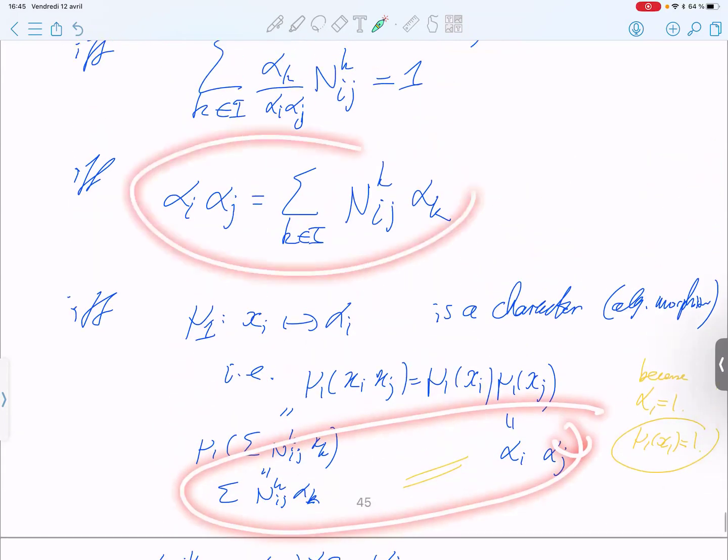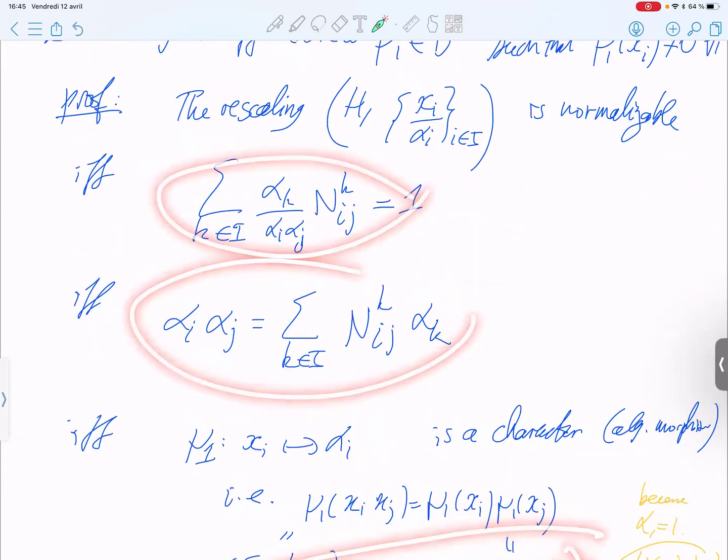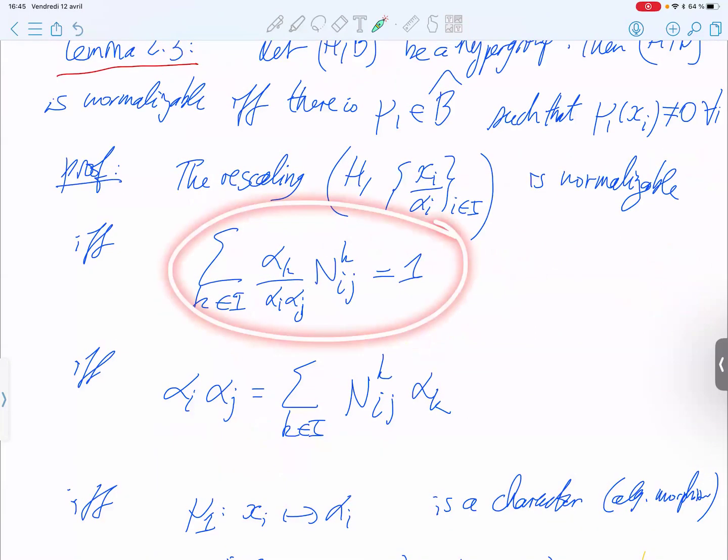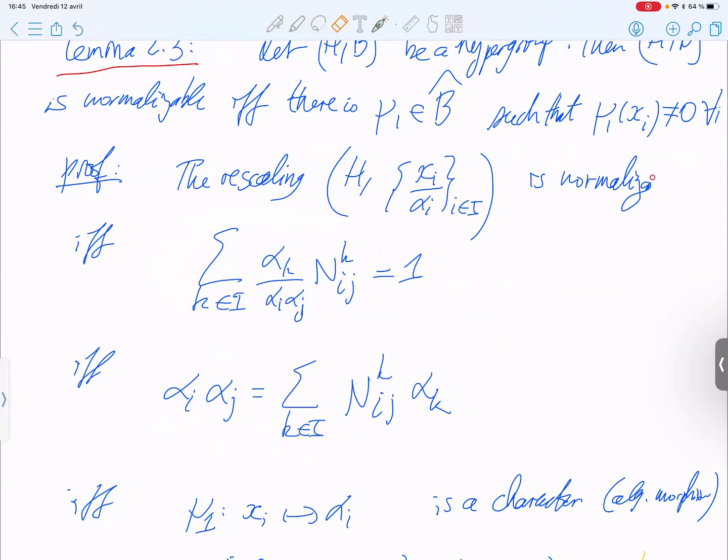This relation is equivalent to this relation, which is the definition of normalized.